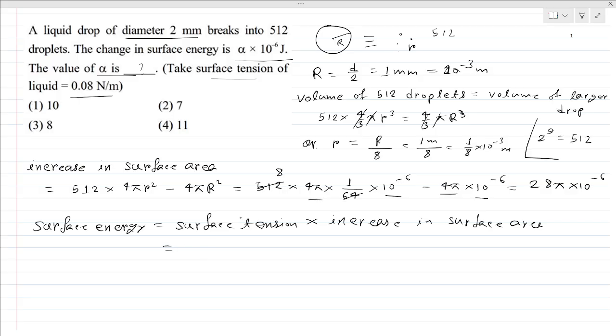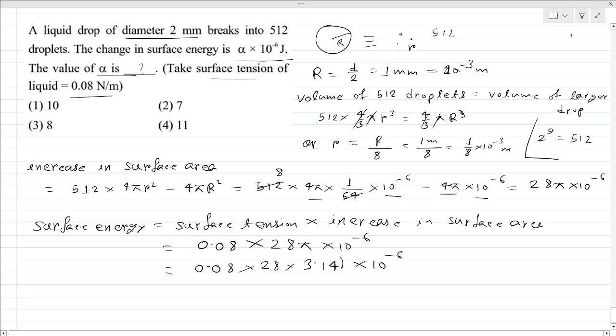Then we can put the values, since the surface tension is given as 0.08 Newton per meter, into the increase in surface area, that will be 28 pi into 10 to the power minus 6. If you take pi as 3.14, then we can write 28 into 3.14, and we don't need to take into account the 10 to the power minus 6 because we have only the identity, that is alpha into 10 to the minus 6.